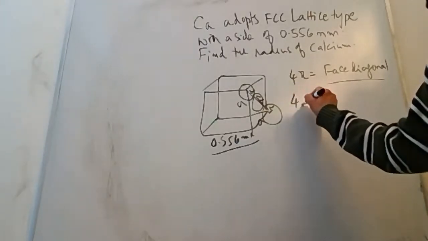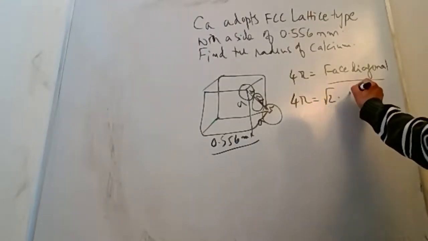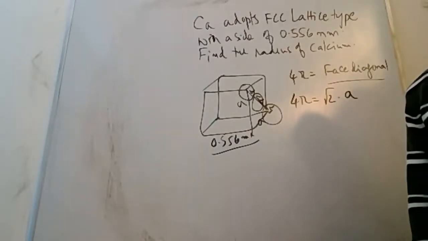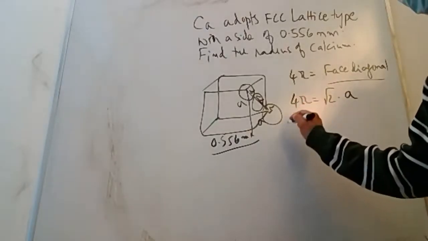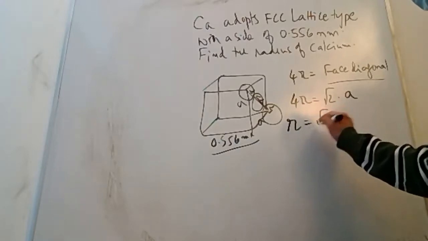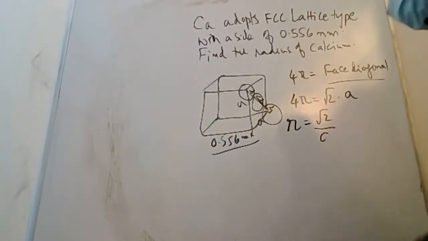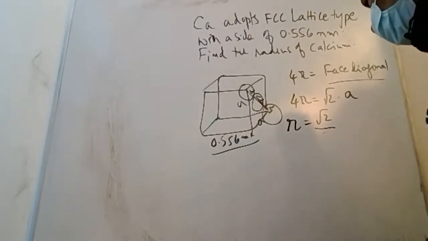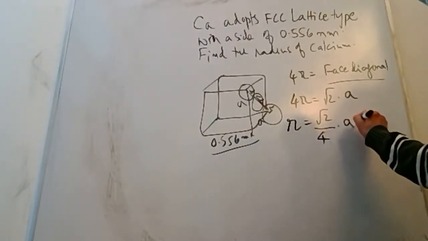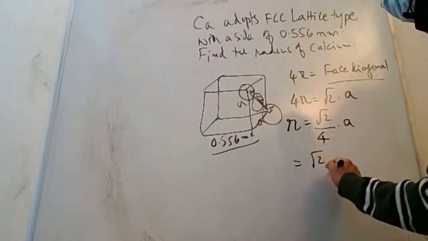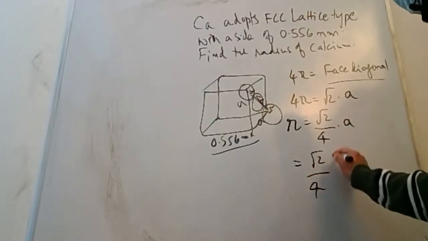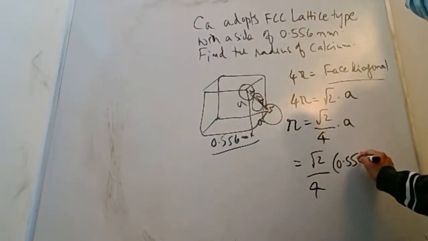So 4R equals square root 2 times A. So R, which is the radius now, will be square root 2 over 4 times A. So in this case, it will be square root of 2 over 4 times 0.556 nanometers.